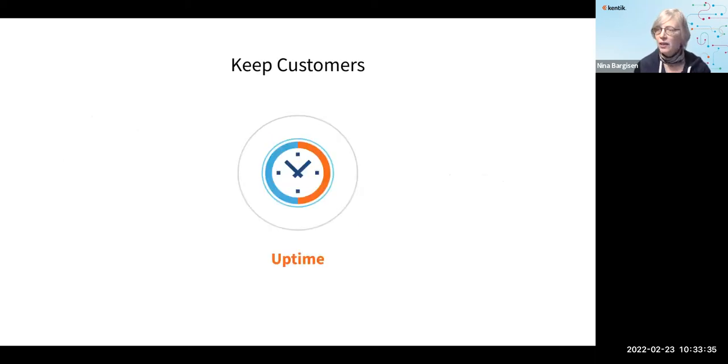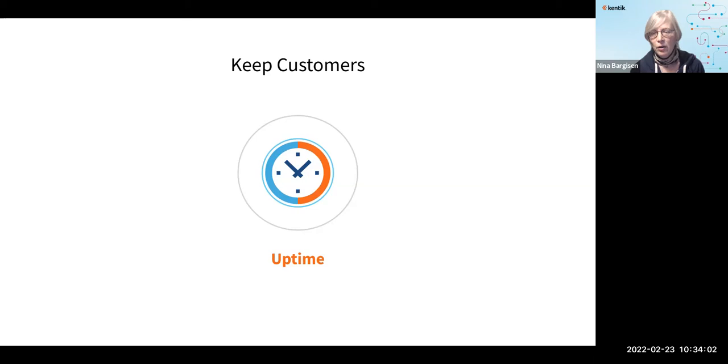When you're a service provider or an ISP, what customers today care about is not so much what we're selling them, it's more about what we're selling them is making them able to do. They don't care about the bandwidth, they don't care about the cool technology we're using.